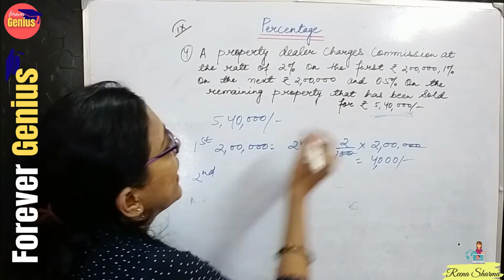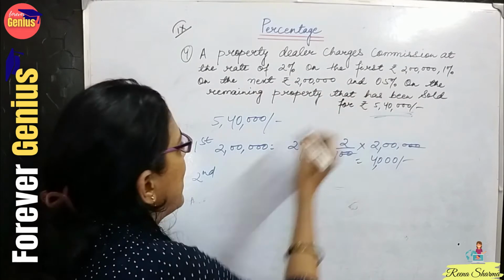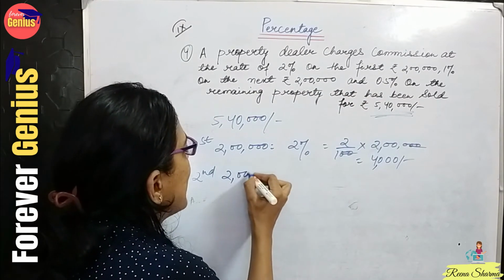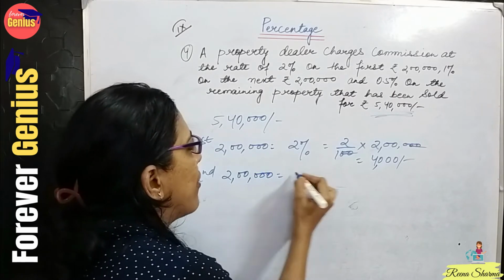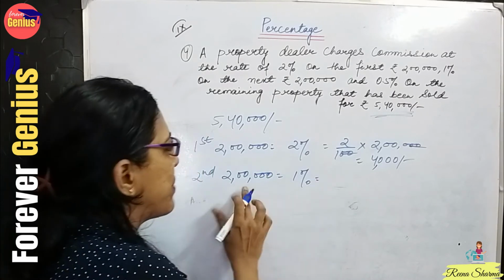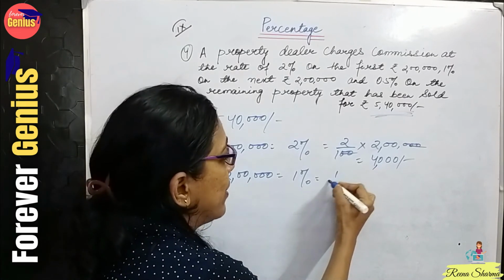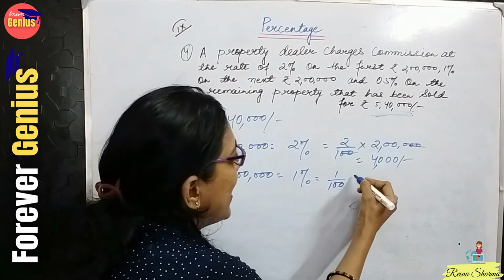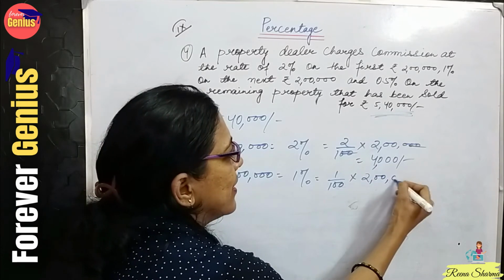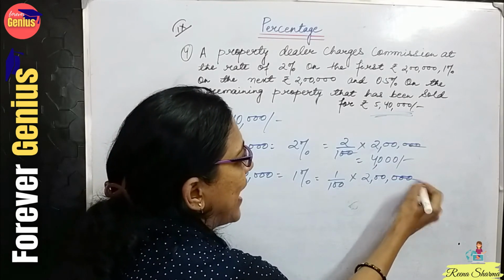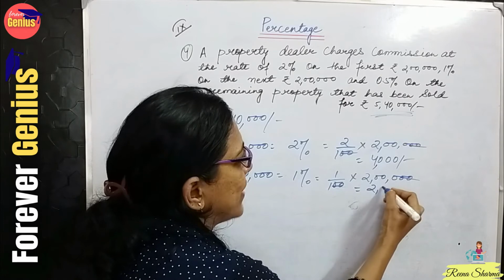Now second also it is 2 lakh, 1%. So 1% of 2 lakh will be how much? Of course, if you can calculate 1%, you just have to cut 2 zeros. In mind also you can do, isn't it? So this is 2 lakh. If I do the calculation, this is coming to 2,000.